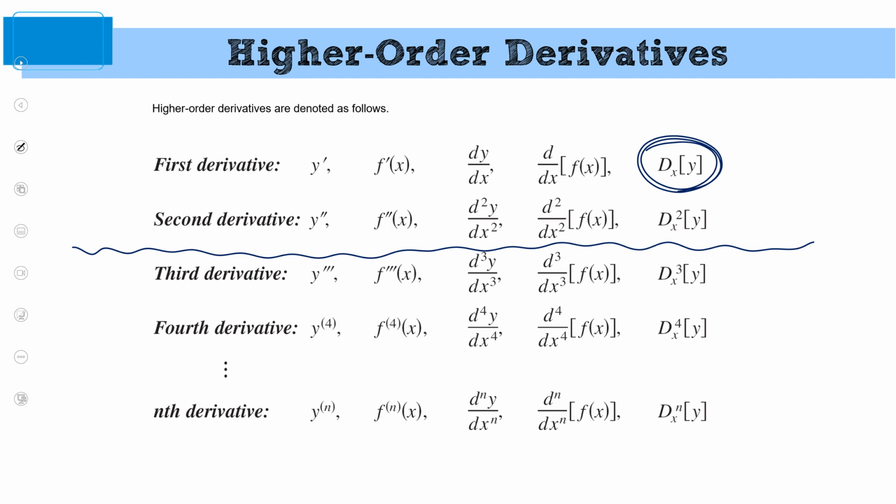Alex? So on a test, when we have to use that, we just take the derivative and then take the derivative of that derivative. Well, that's what it is. This isn't a formula. This is just notation. So in other words, I may give you a function. I may tell you that y is equal to x to the 7th plus 5x to the 4th minus 7, and say find this.